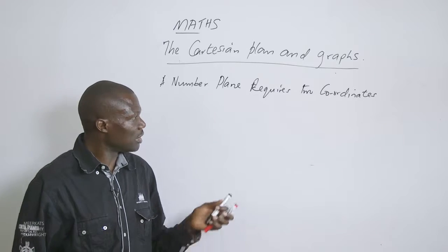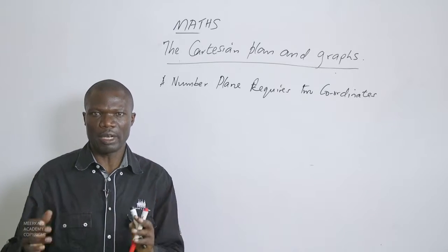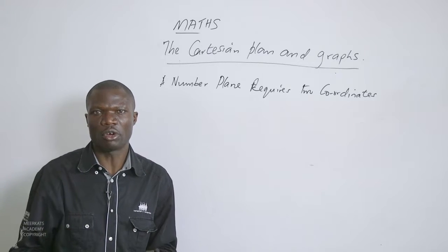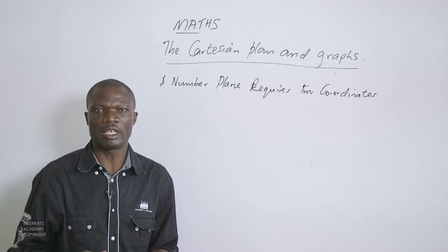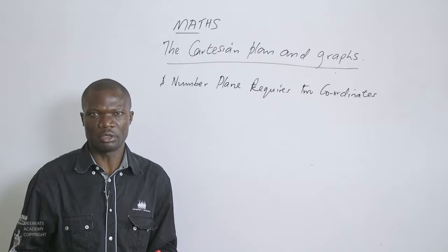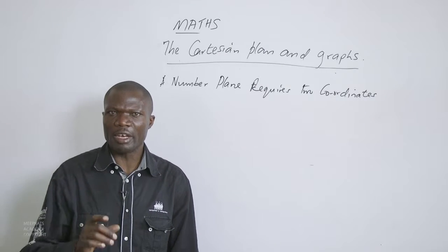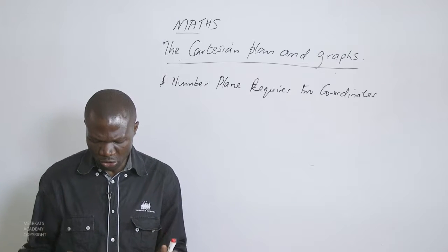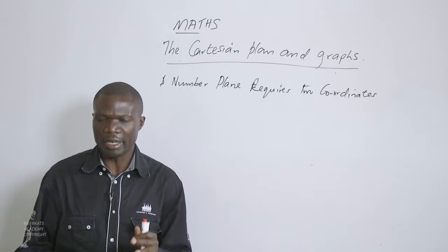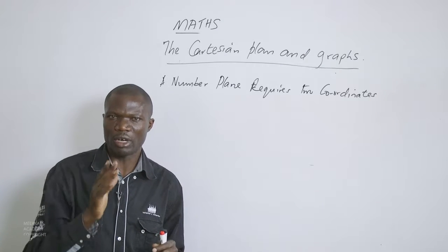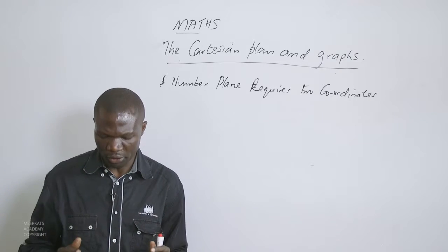This Frenchman discovered the Cartesian plane, and from that the number plane of locating a point using only coordinates came into existence. A number plane consists of 2 straight lines. One is vertical, the other one is horizontal.